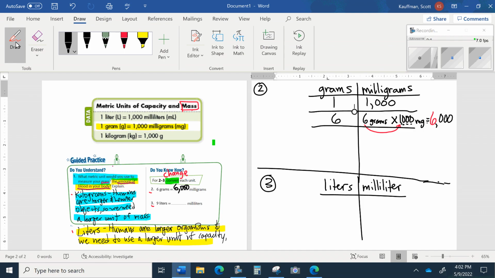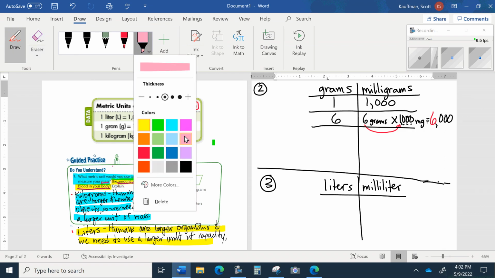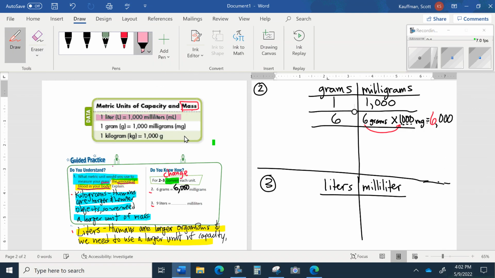Now, if we're going to convert from liters to milliliters, then we are going to want to pay close attention to this row, where it says that 1 liter is the same as 1,000 milliliters. Interesting, interesting, interesting. I noticed that milli and milli, no matter what, are times 1,000. I wonder if anybody else in my class noticed that.